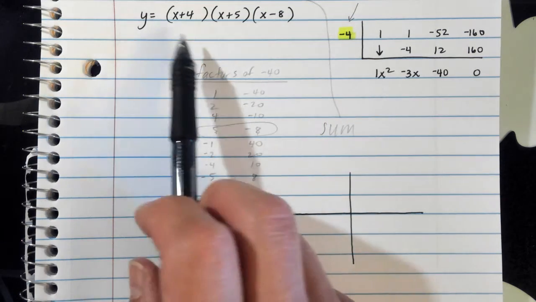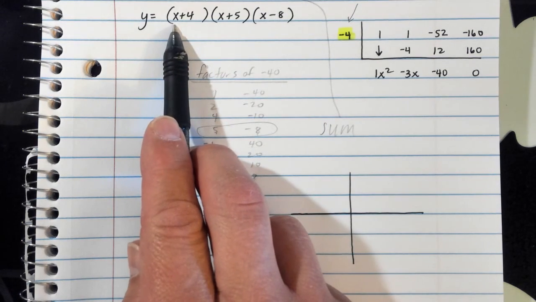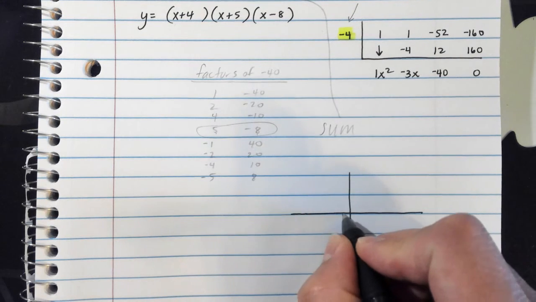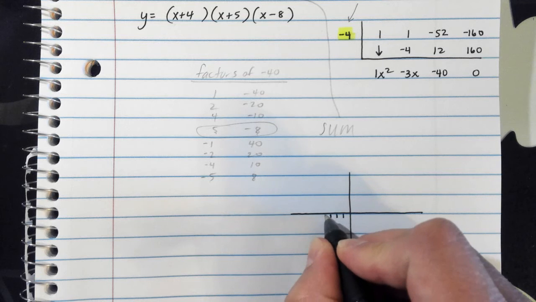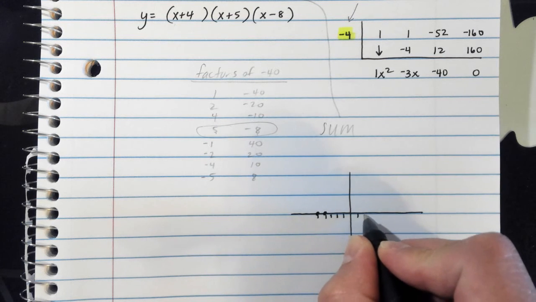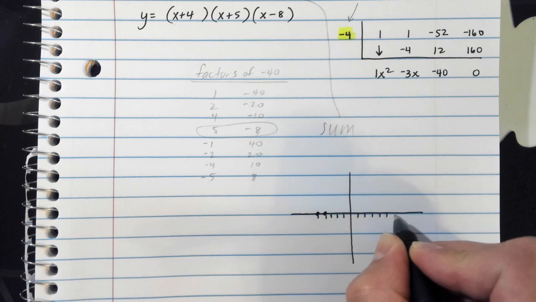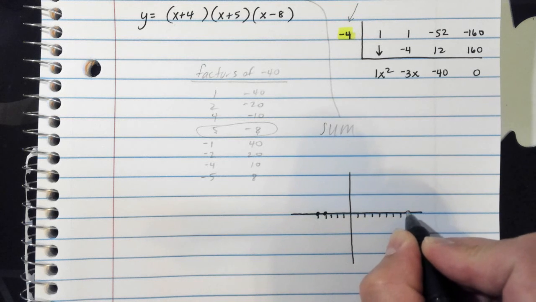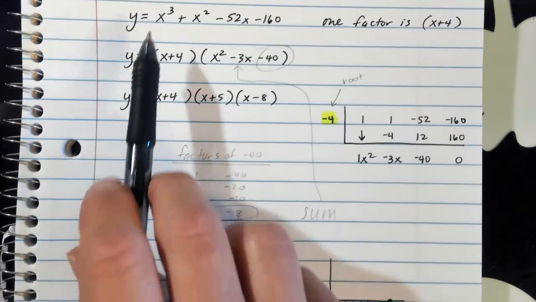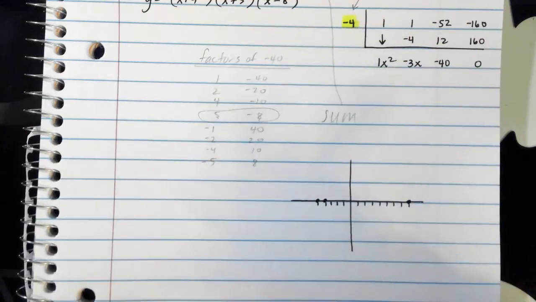We know it's going to cross at negative 4, negative 5, positive 8. The leading coefficient is positive 1, so it's going to end up.